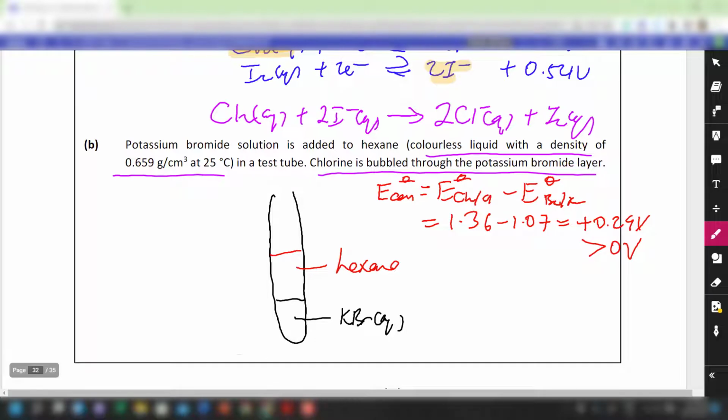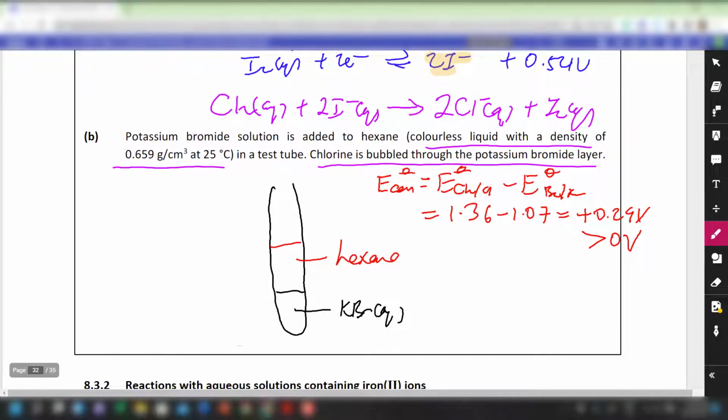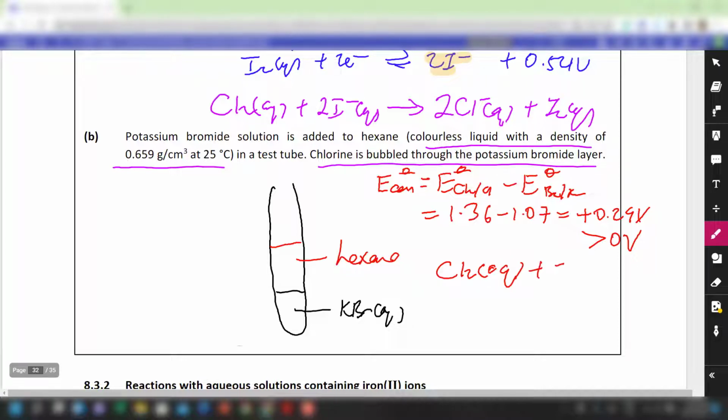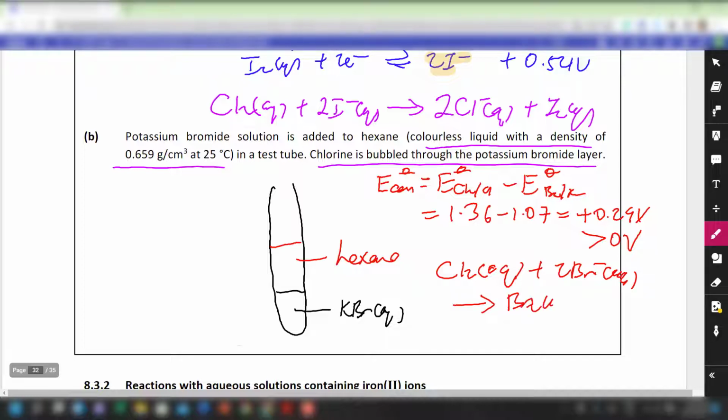Therefore I would expect bromides to be oxidized to bromine. For the balanced equation: chlorine aqueous plus 2 equivalents of bromides. The bromide will be oxidized to bromine aqueous, and chlorine will be reduced to chlorides.